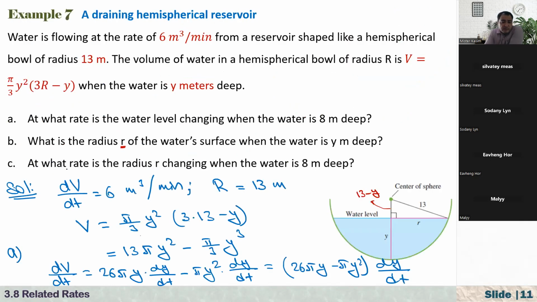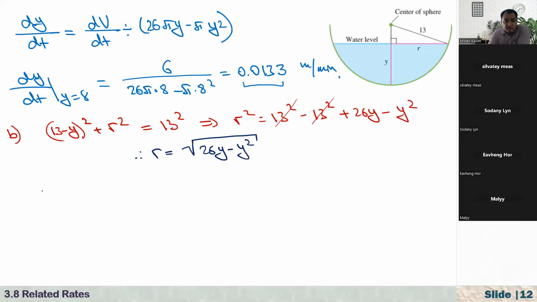And the last question is, at what rate is the radius changing when the water is 8 meters deep? So now we have to find dr/dt. To do this, again we differentiate both sides with respect to t.